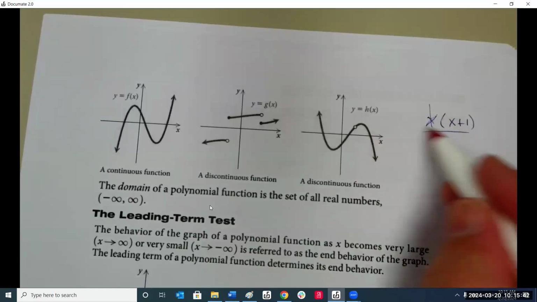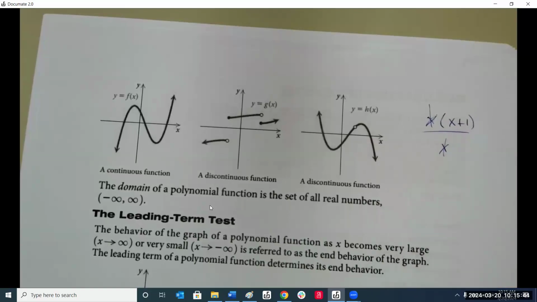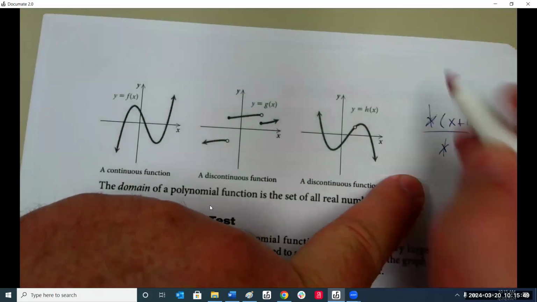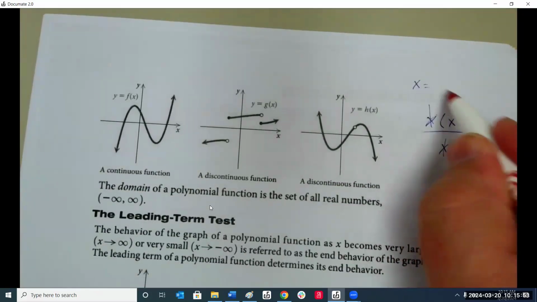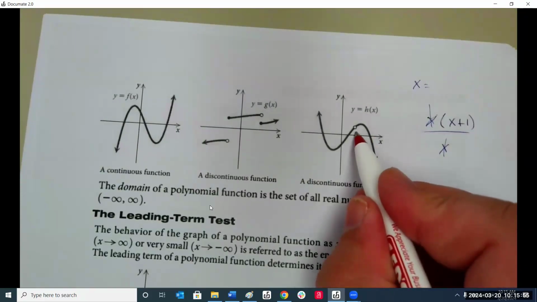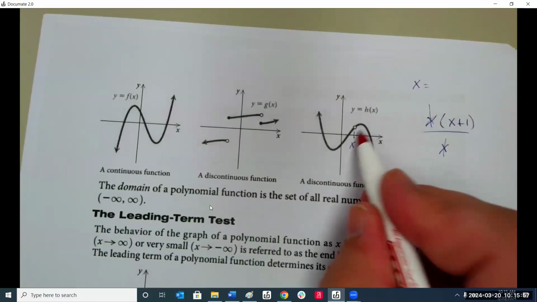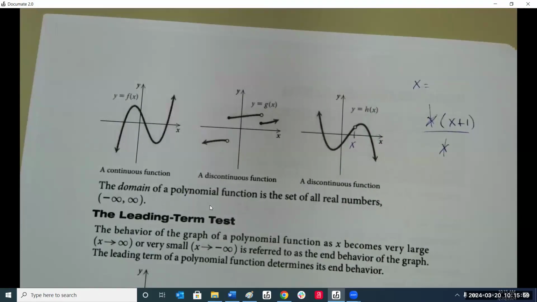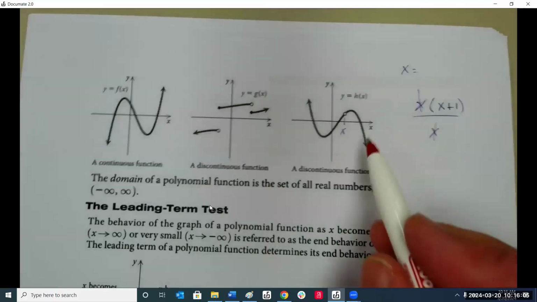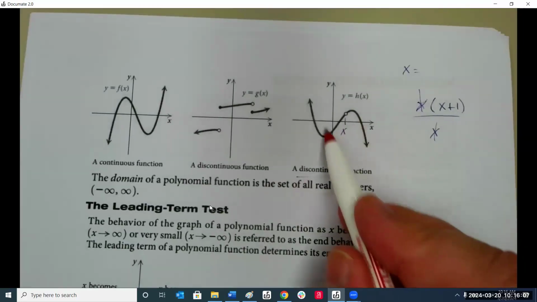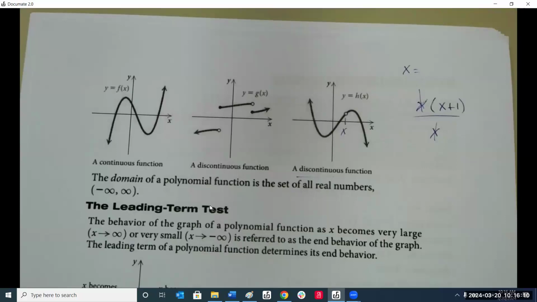If you factor both top and bottom, and you can cancel something, then that value of x, whatever that number is, if we plug it back in there, at this value of x I have to put a hole. So it's a discontinuous function because, again, if you ever have to pick up your pencil or pen, it's not continuous.